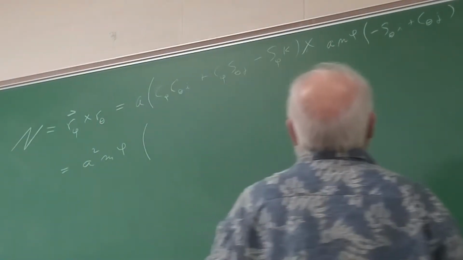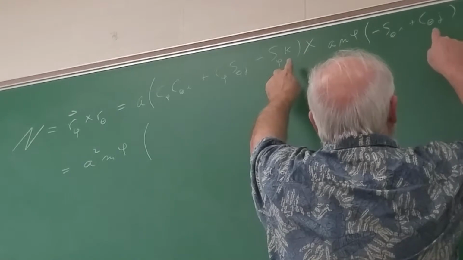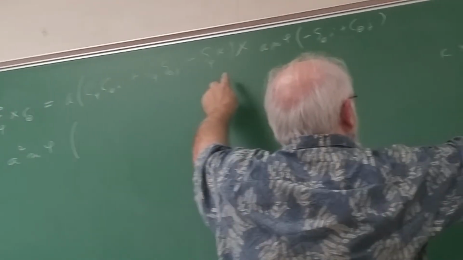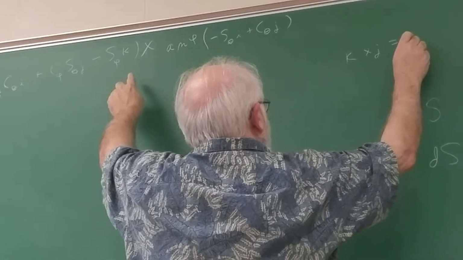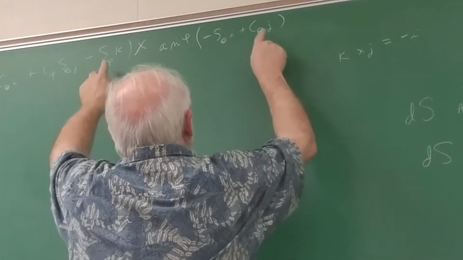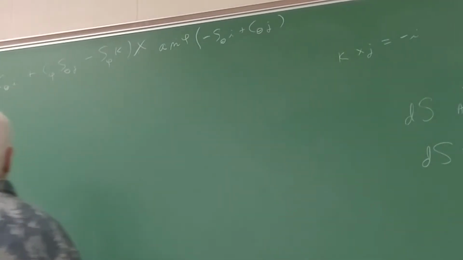But I'll just point out here, like we've got, what, k cross j, right? K cross j is what? Negative i. It's negative i. But there's already a negative, so I'm going to get positive.